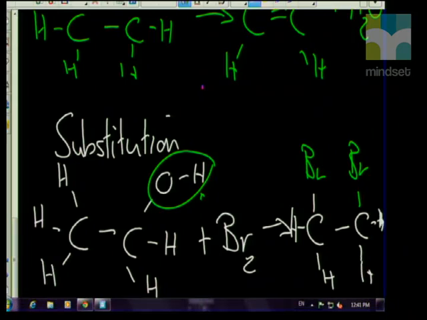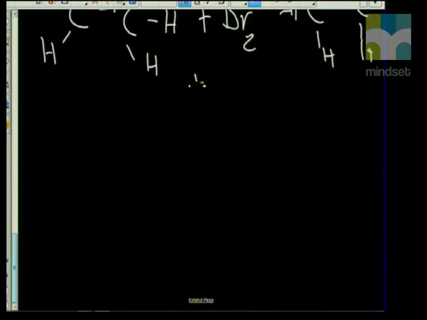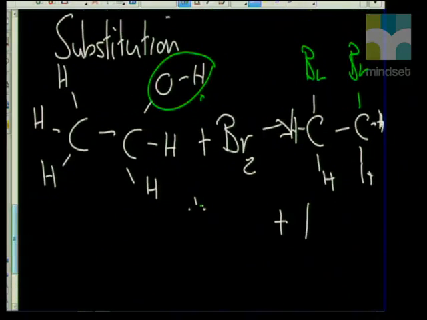Well, they're going to join together, and we're going to get a product that is water as well. So if you take a look at that, bromine's gone in, and it's taken the place of both the hydroxyl group, not hydroxide, hydroxyl group, and the hydrogen, and it's got substituted in.